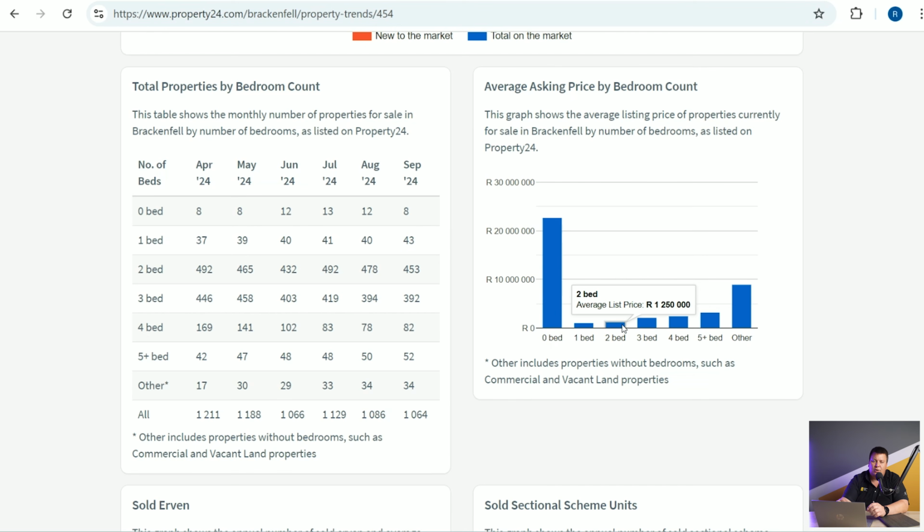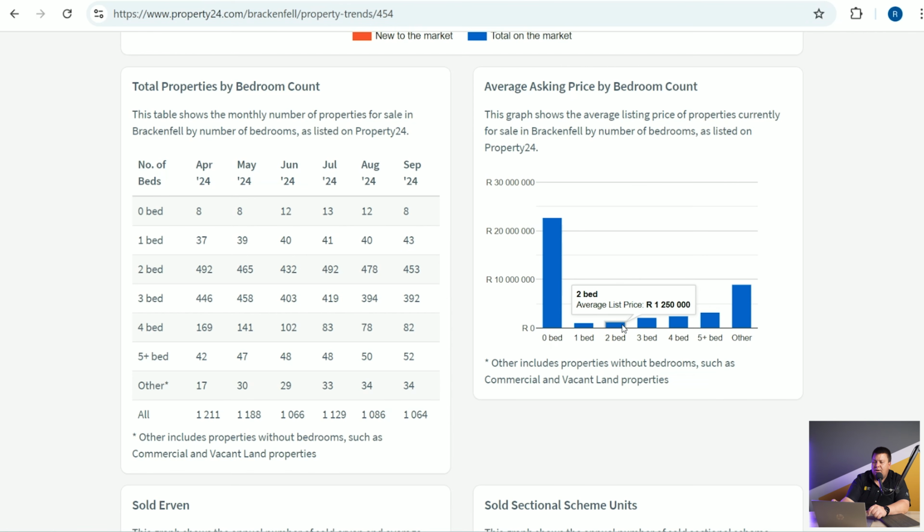In the 2-bed market, you'd have sectional title apartments, but you'd also have townhouses. So both those products are classed as 2-bedroom and chucked into the same pool, and their average pricing reflected at 1.25. Out of experience, I can tell you that the townhouse average price for a 2-bed is probably going to be closer to the 2 million Rand mark, whereas your sectional title is probably going to be anywhere from 800 to 1.3 million Rand.